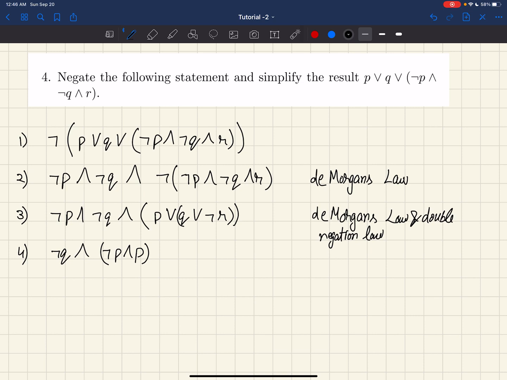So when I apply the distributive law here, it would give me not P and P, or not P and Q or not R. Here we used the distributive law.